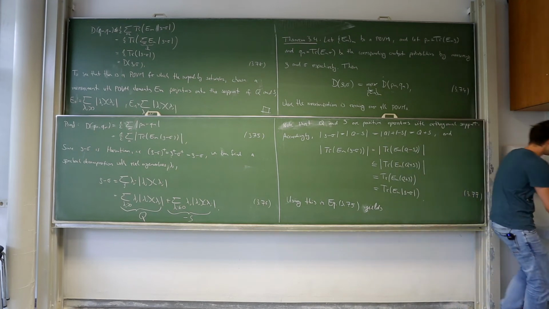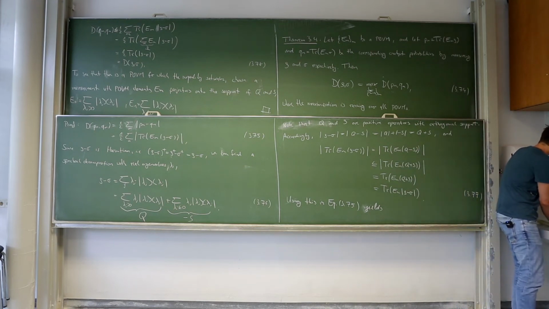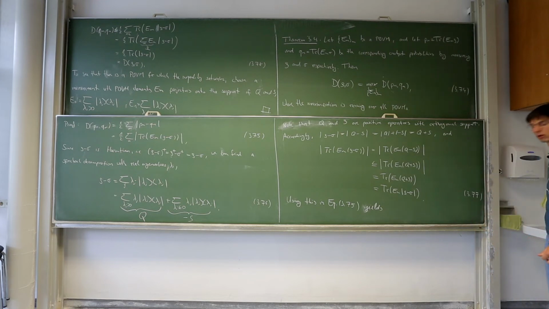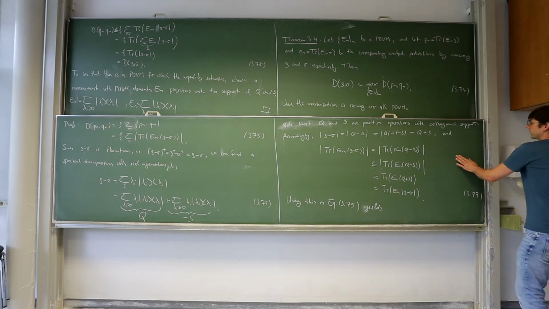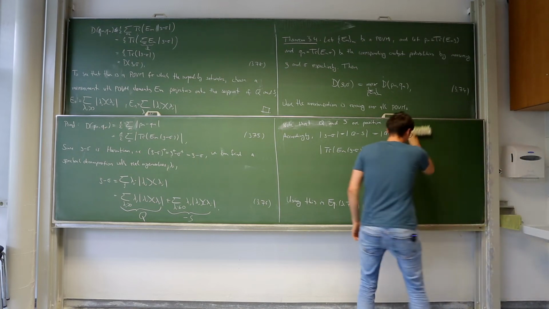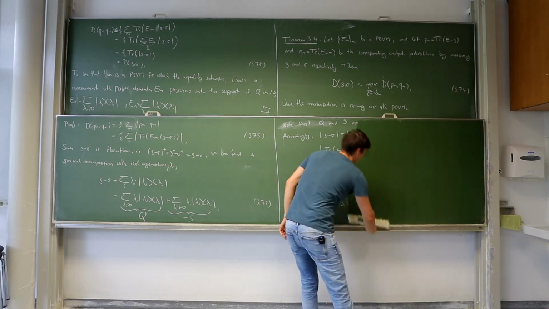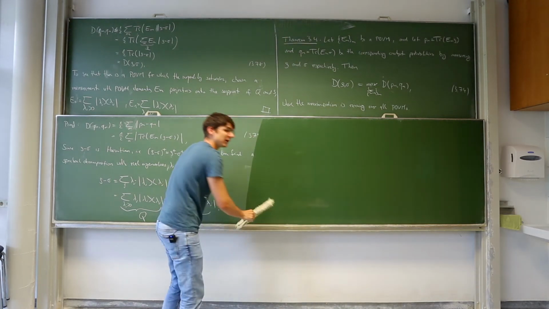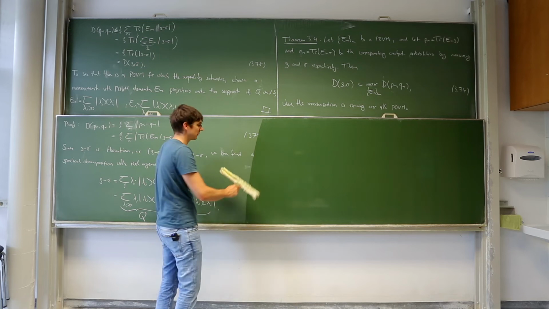And the reason why I did this proof is because it has a very nice trick. Namely, you take an operator which is Hermitian, and you split it into two parts, the part with positive eigenvalues and the part with negative eigenvalues, such that you remain with two positive operators, right?